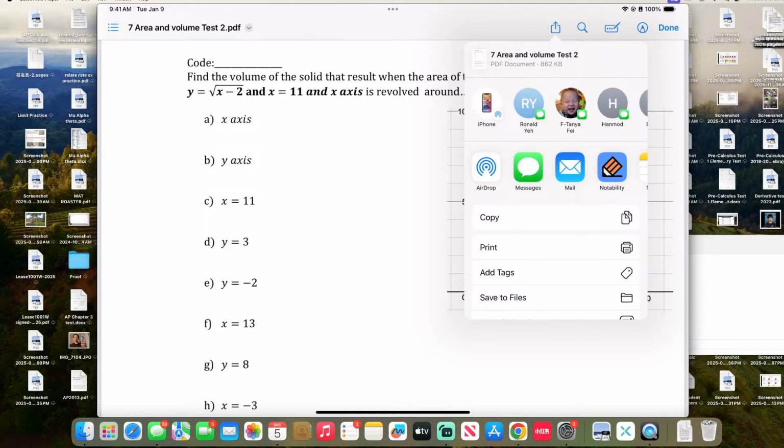Because now you can see... Think about it: if you were spinning it around the x-axis, this doesn't change. But if you're spinning it around this axis, this does change, but this doesn't. You're bound to reach 0, and then it would just be 11.3.